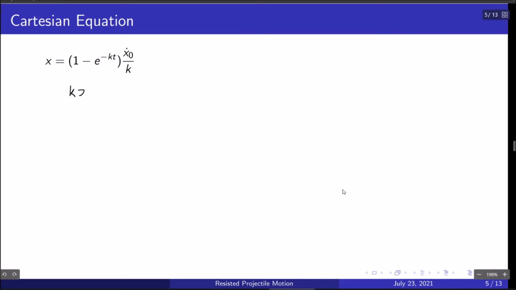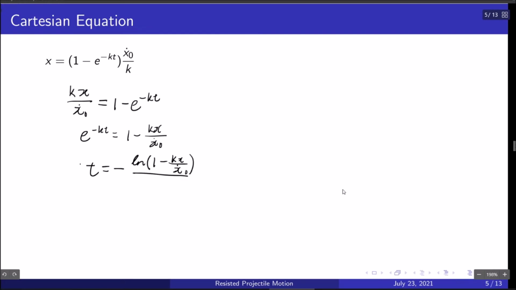So it's kx over x dot naught equals 1 minus e to the power of negative kt, and then e to the power of negative kt equals 1 minus kx over x dot naught, and then what you end up with is t equals negative log of 1 minus kx over x dot naught, all over k.